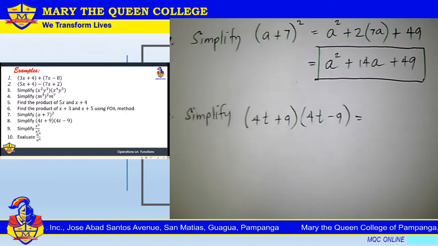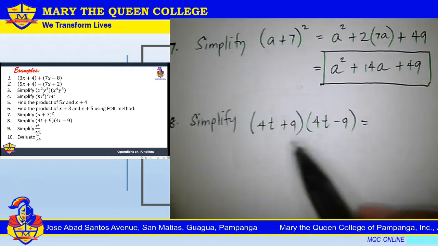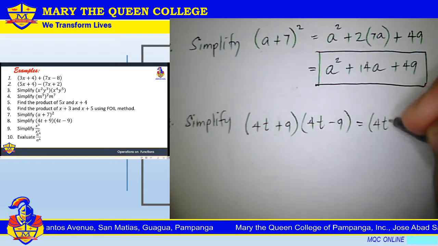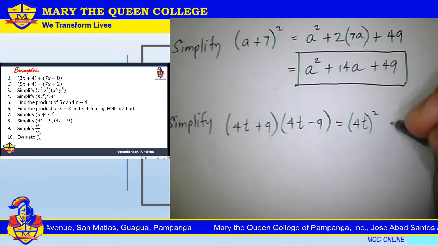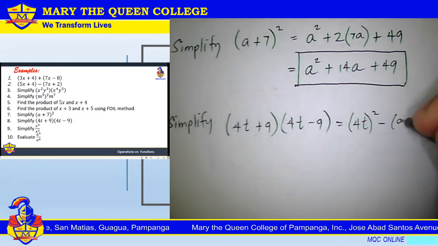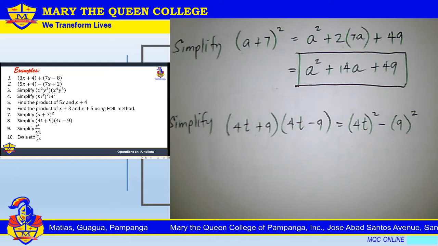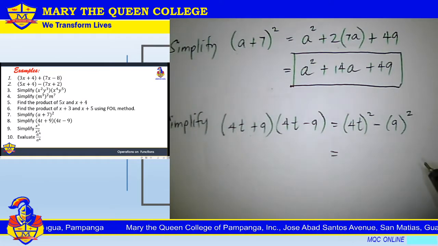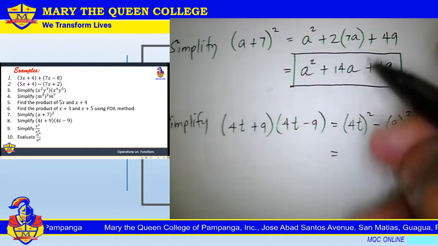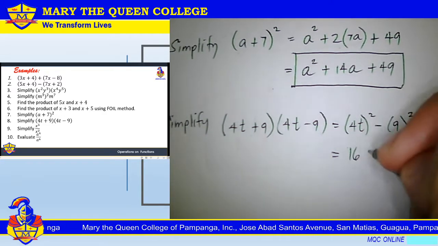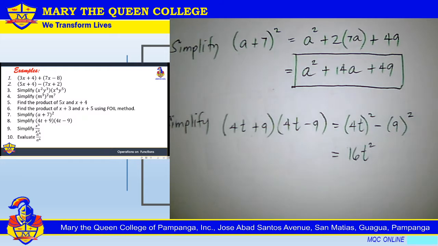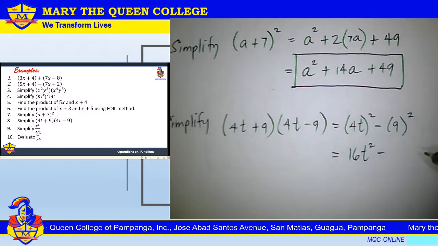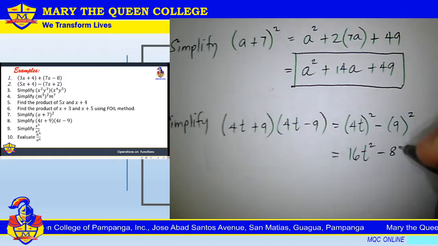So, from here, so ang gagawin natin, square of the first term, we have 4t square minus 9 square. Okay? Then simplify natin what is the square of 4t. So 4 square, that is 16. T square, that is t square. Minus the square of 9 is 9 times 9, that is 81.